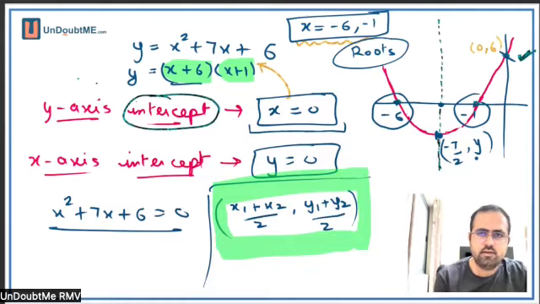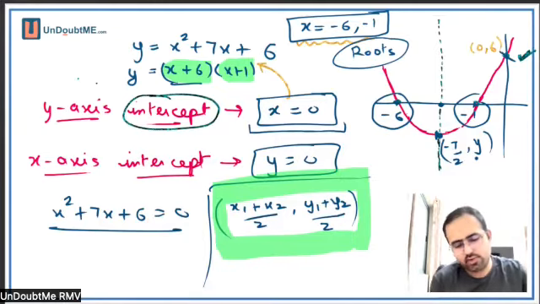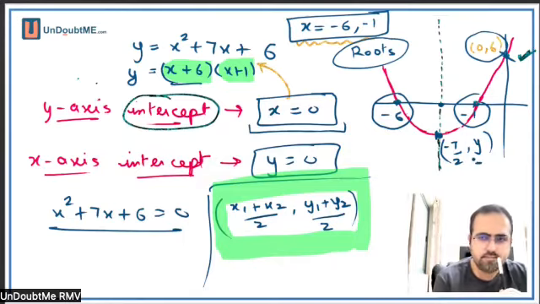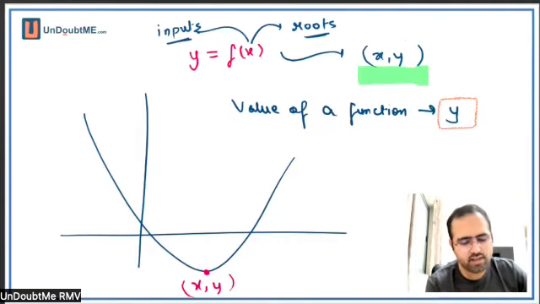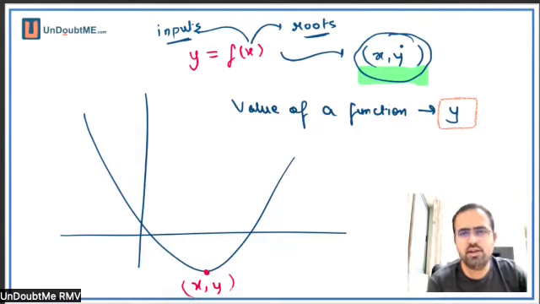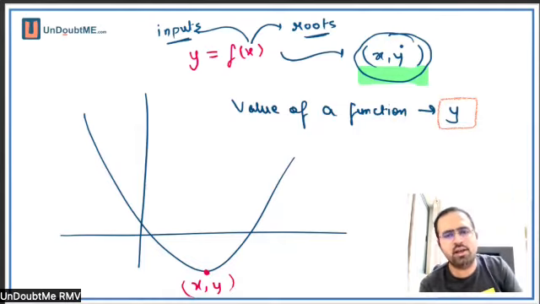You can put x as 0. Oh no, if you put x as 0, you will not get the y coordinate. Try to remember the first statement which I gave about all the functions. All the functions are nothing but x comma y coordinates drawn in a systematic manner.